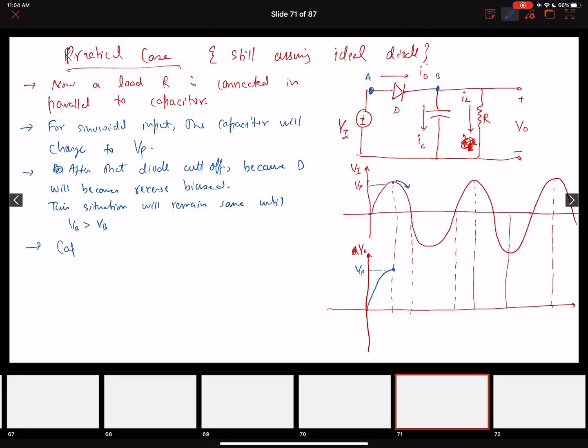Right, so the capacitor will start to discharge through the load resistor R. And now the capacitor discharges, right? Because our diode will remain an open circuit, so the capacitor discharge is going to continue.